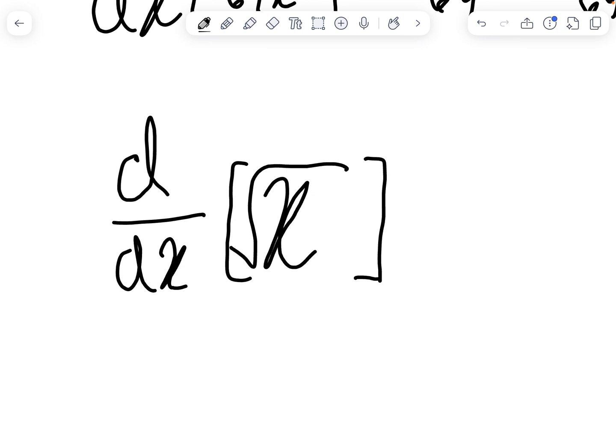So, if you also know your exponent rules and radical rules, you know that a radical can be changed to an exponent with a rational value.